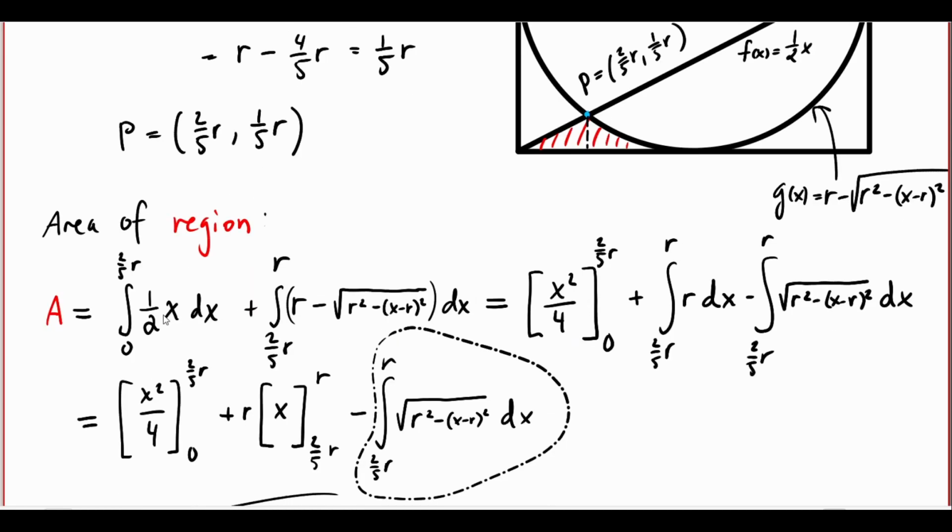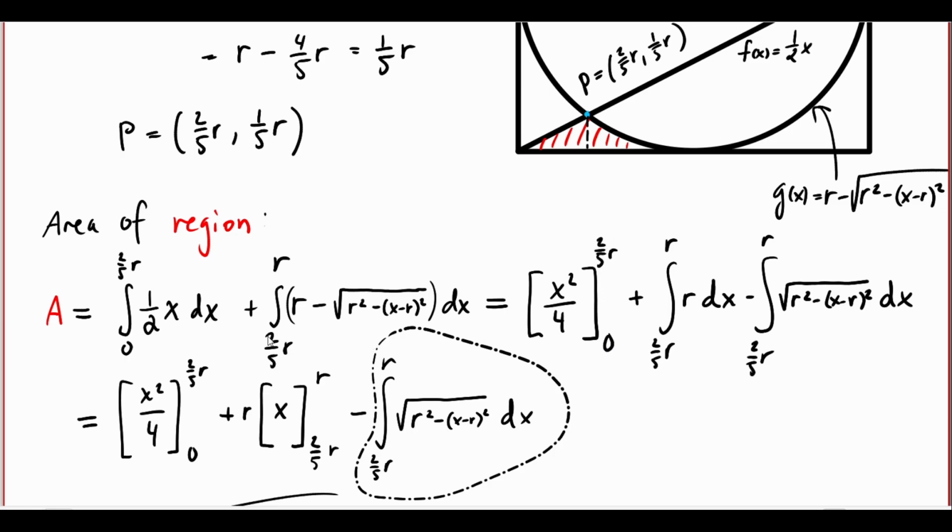And then we see that the integral here is quite trivial. So the antiderivative of this one, the primitive function, is actually x squared divided by 4. And then you have the interval from 0 to 2 over 5r.